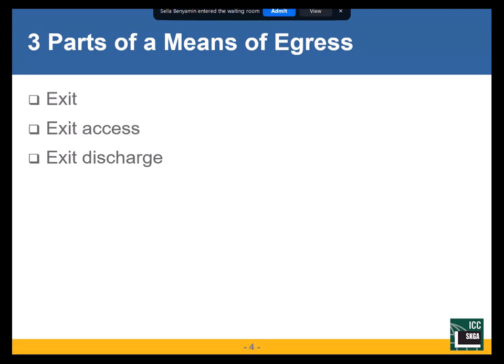It's either an exit, an exit access, or an exit discharge. So my entire path from anywhere in the building to the public way, because that's where our exit path terminates, is one of those three components. So we need to understand what those are.